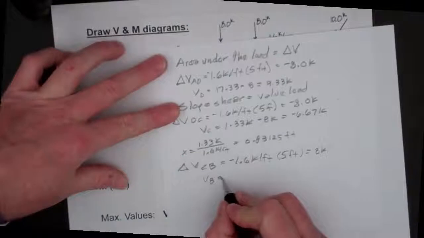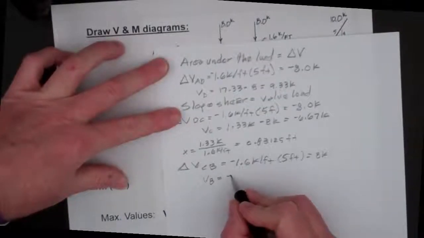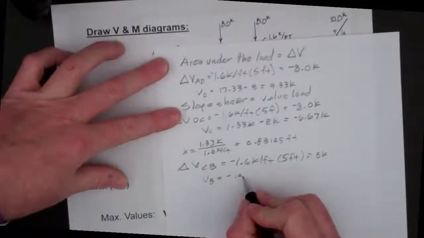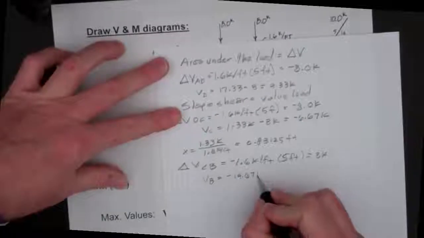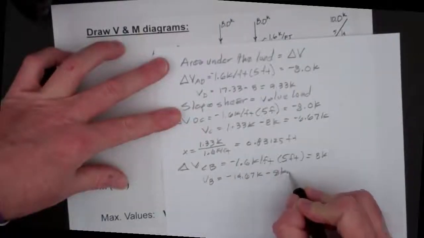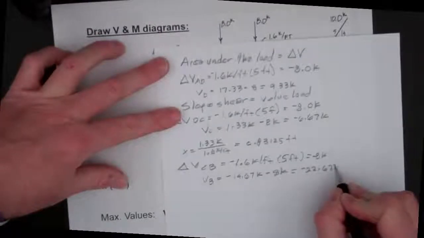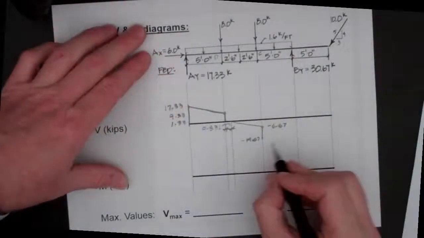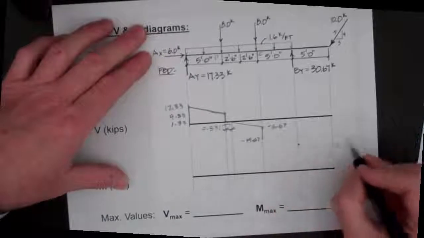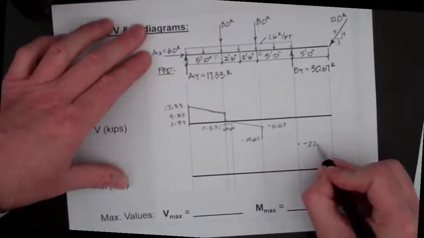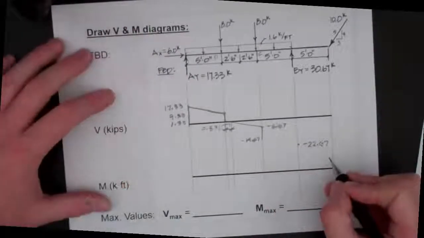So we'll get negative 14.67 minus 8 to get a negative 22.67 kips. And again, we have a constant value, so the slope is going to drop by a slope of negative 1.6. It's going to be a line.